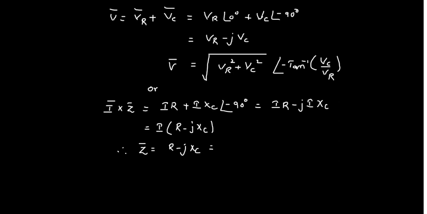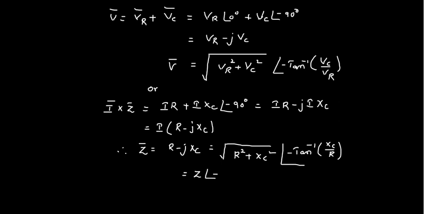Now I need to write it in magnitude and angle form. The magnitude is the square root of R square plus XC square, and the angle is minus tan inverse of XC by R. Finally we consider this as Z at an angle minus phi, where phi is tan inverse XC by R. This is how we can calculate the voltage as well as the impedance of an RC series circuit.